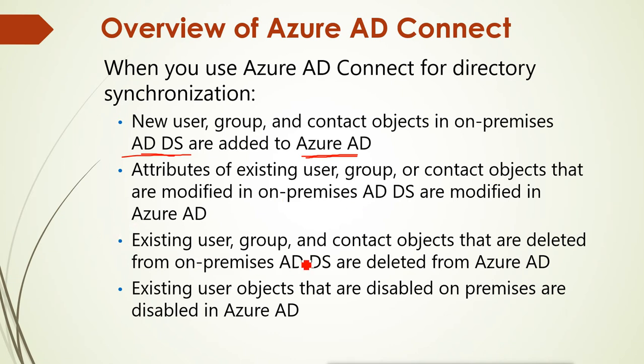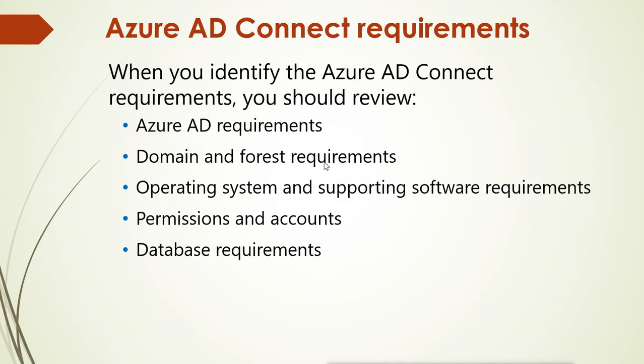Existing user, group and contact objects that are deleted from on-premises ADDS are also deleted from Azure AD. So we don't have to delete two times, from local and from Azure AD. Then existing user objects that are disabled on premises are also disabled in the Azure AD, because we do the synchronization between both the ADs.